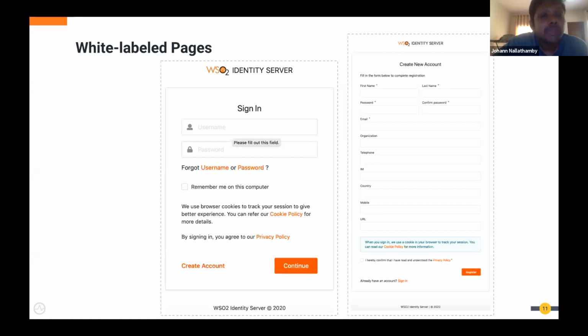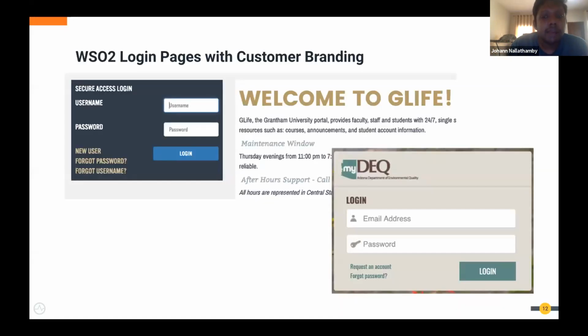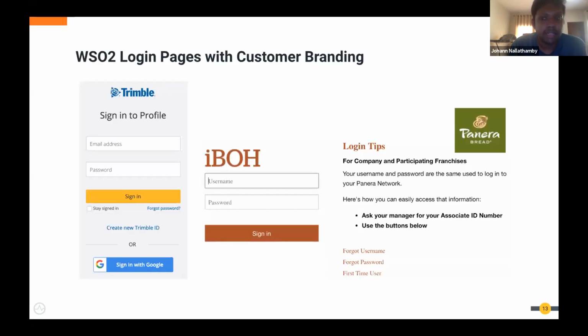And the branding is made so simple, especially in the very latest version of the product, that you don't need to meddle with any of the business logic in these applications, but you can simply replace the CSS and HTML components and do your customizations, which we call sub-theming, by the way. So these are some examples of our actual customer deployments who are rebranding the WSO2 pages to fit their organization requirements.